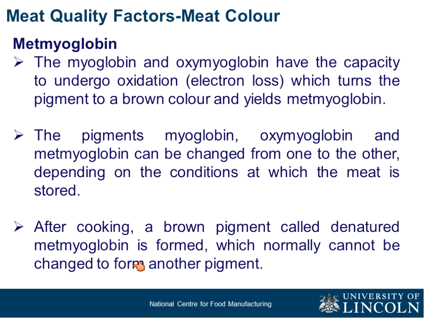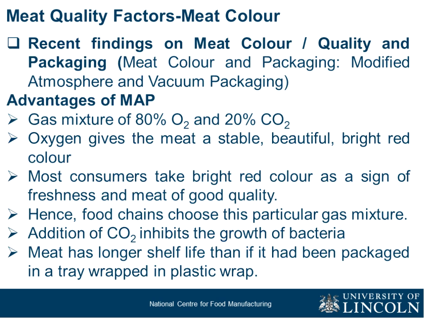Now, why are all these statements? Now, we look at a paper about meat color, quality, and packaging. Now, in meat color and packaging, we have two types of storage method. We can have modified atmosphere, where you have oxygen as one of the mixtures of gases.